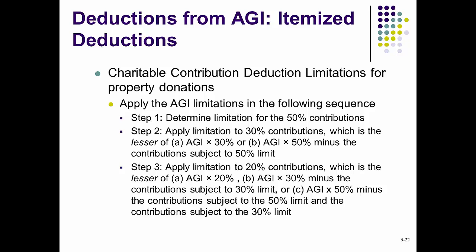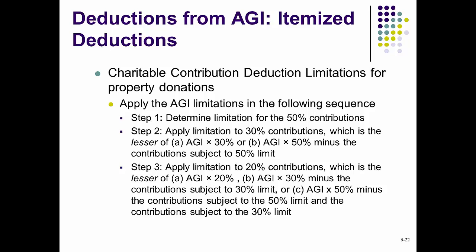Number 3, business assets held equal to or greater than 1 year, subject to the depreciation recapture rule if the taxpayer has sold the assets. Number 4, assets, including investment assets and personal use assets, with a value less than the taxpayer's basis in the assets, or the depreciated asset. See example 6-21 on page 6-22.